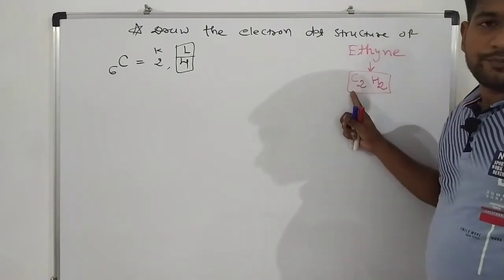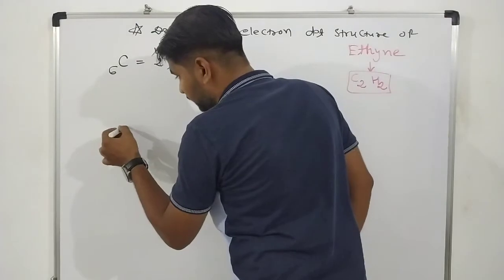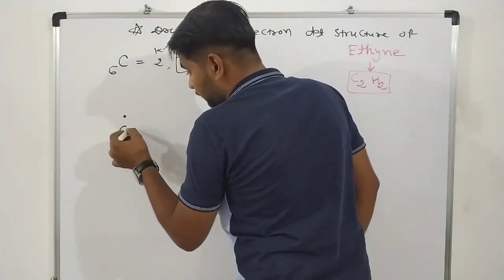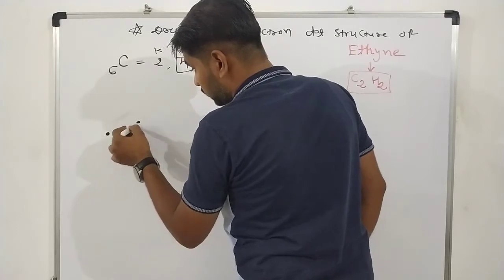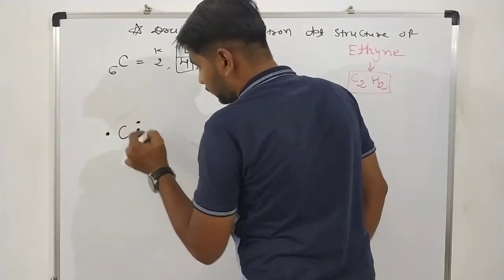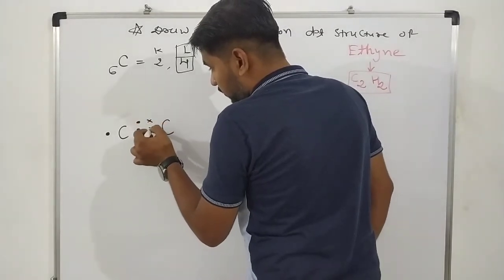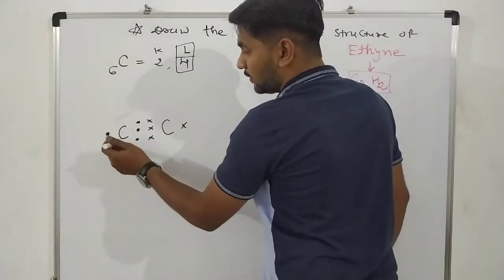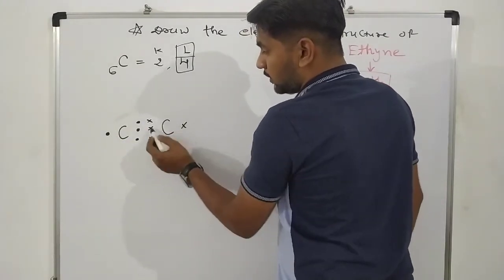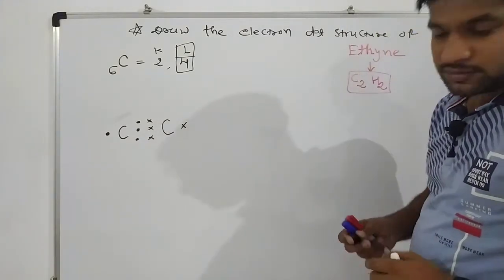Here C2 means there are 2 carbons. So the first carbon has its 4 electrons: 1, 2, 3 and 4. Second carbon 1, 2, 3, 4. Okay, this symbol is this carbon's electrons, 4 outer orbit electrons.